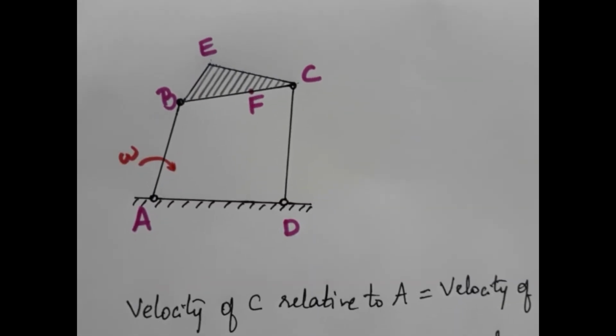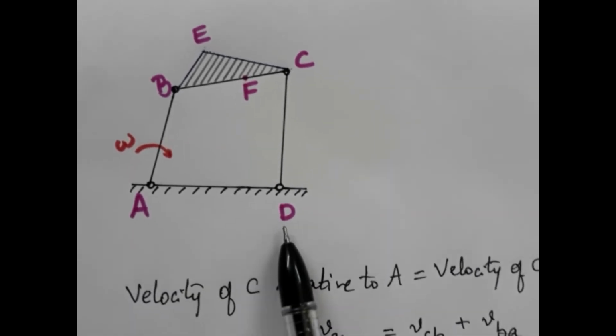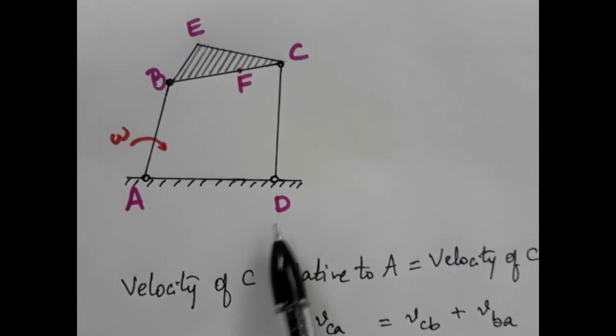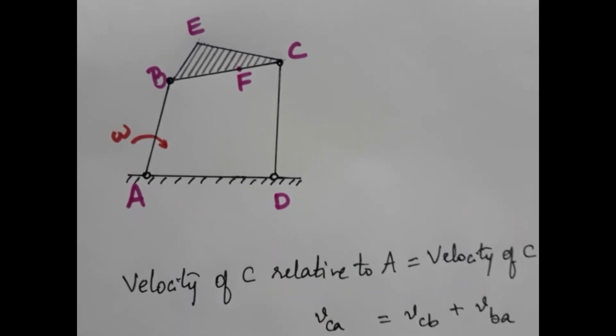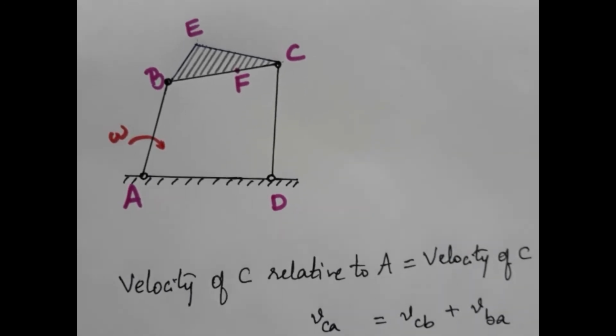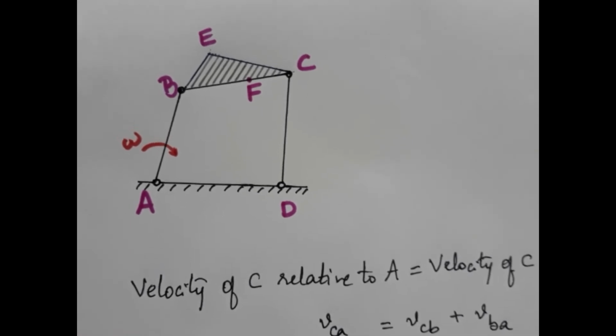Now if we want to show the velocity vector of D with respect to A or A with respect to D, since A and D do not have any relative motion, there is no relative velocity as well. The lines that we show on the polygon are the magnitudes of the relative velocities.